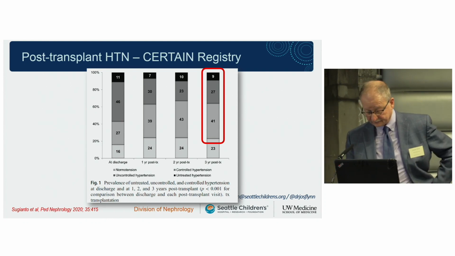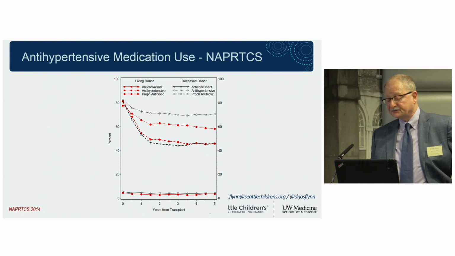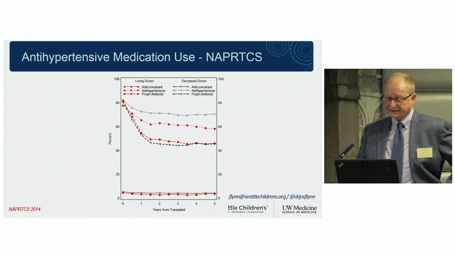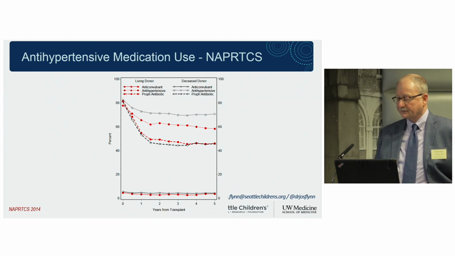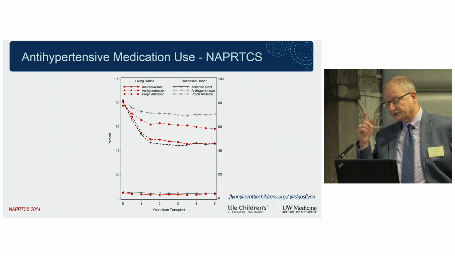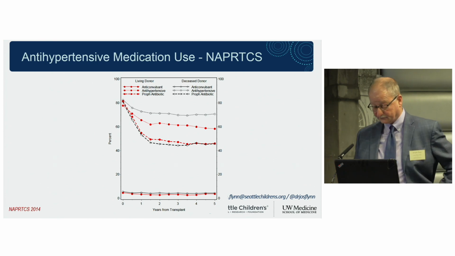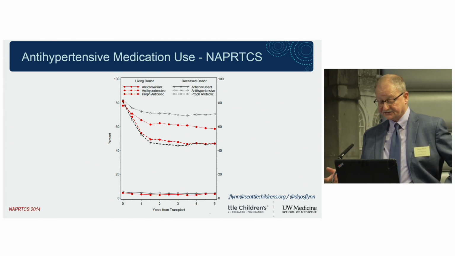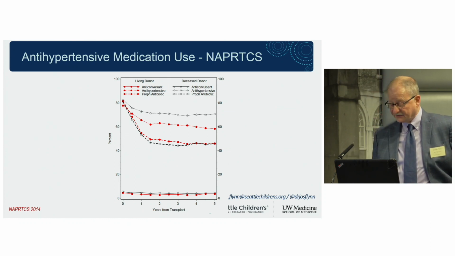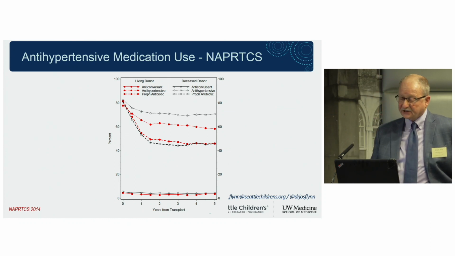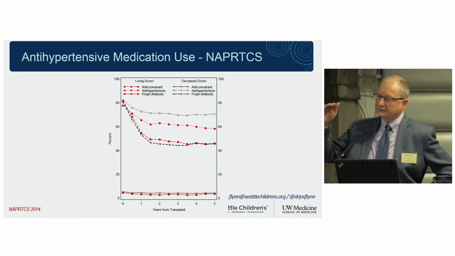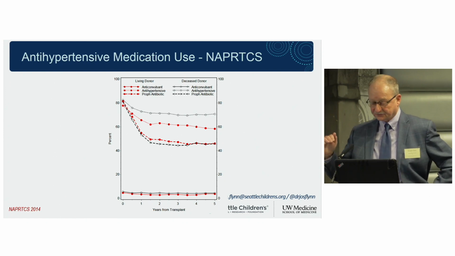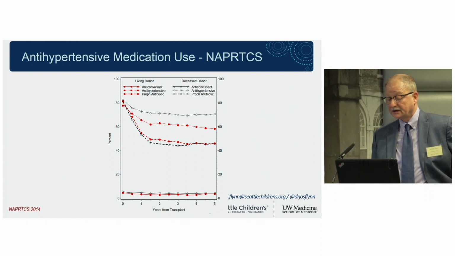And then if you look at some American data, this is from the North American Pediatric Renal Trials and Collaborative Studies Registry from 10 years ago now, because I haven't published anything recently even though I keep asking them to. And this is just different medication use after transplant, which is interesting to look at.